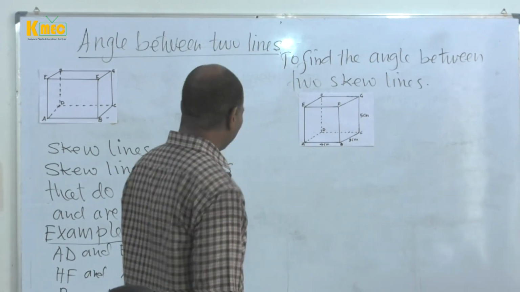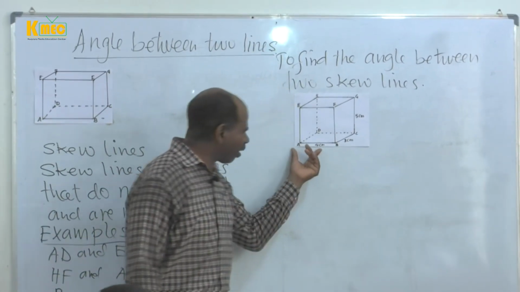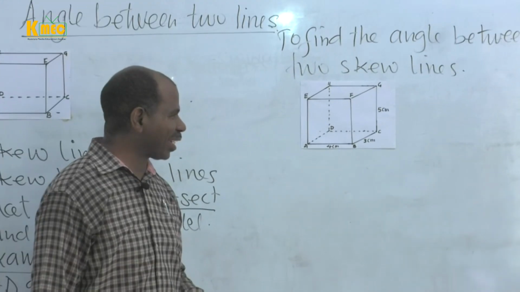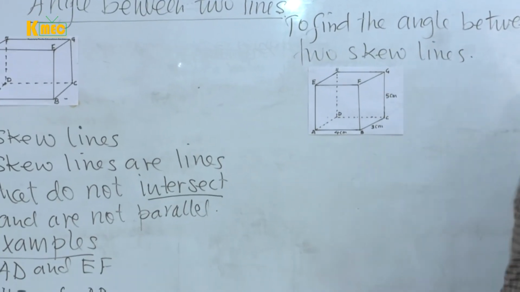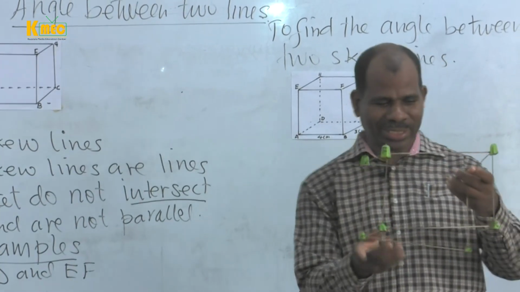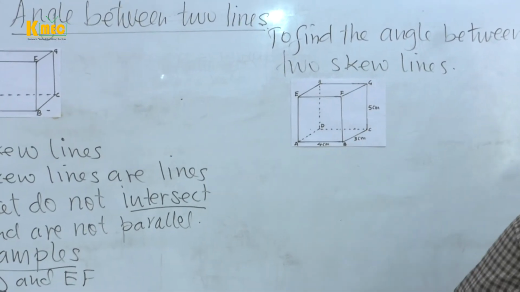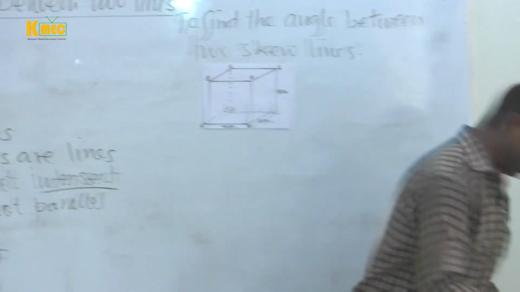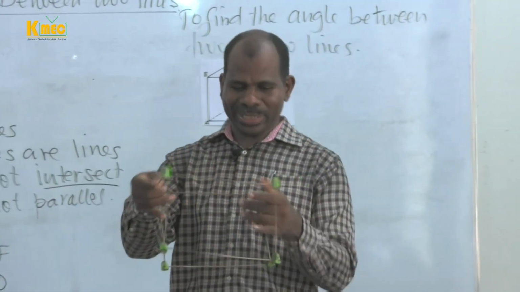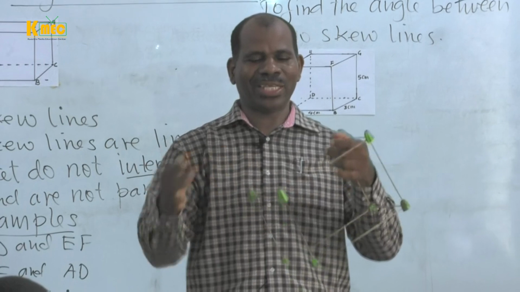So if you see the figure, it looks like it has 3 sides. But in the original, the opposite sides are equal. This length is equal to this, equal to this.